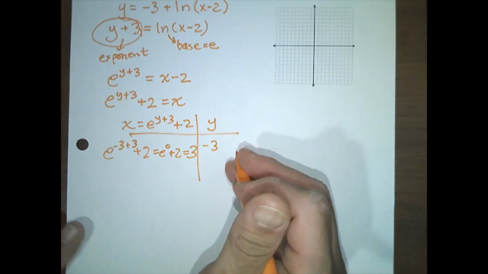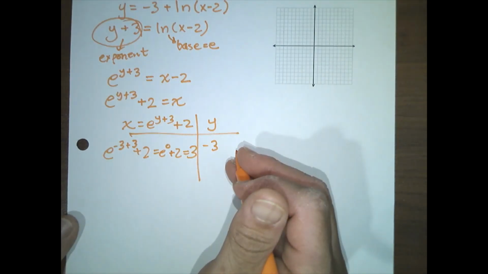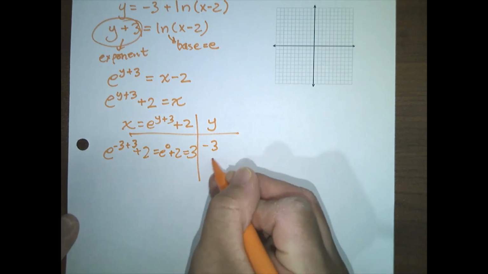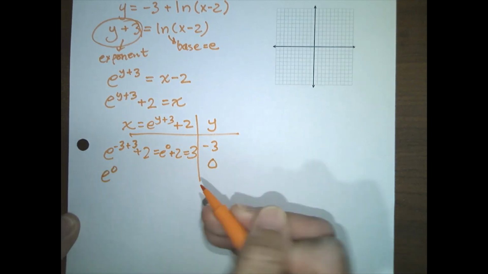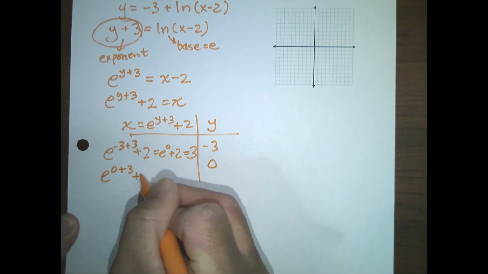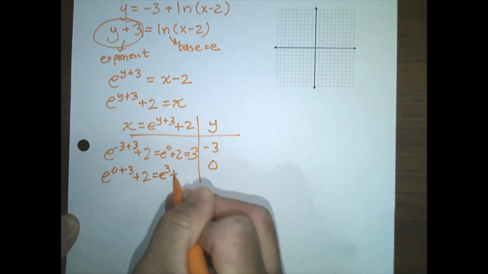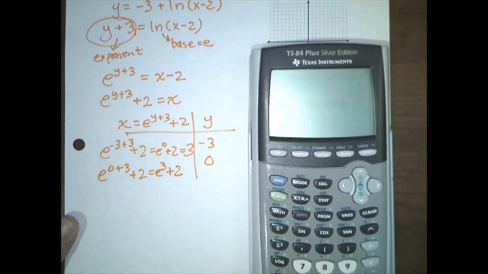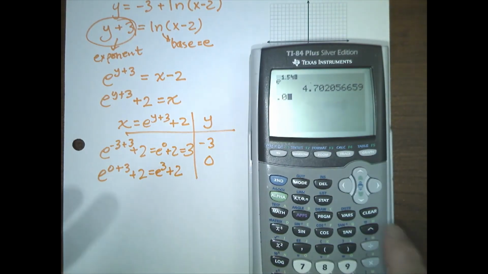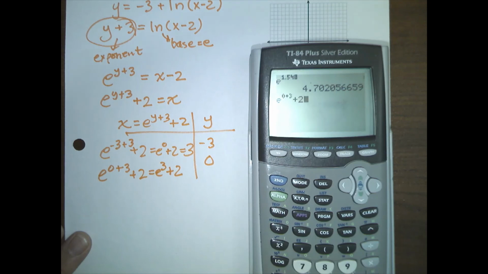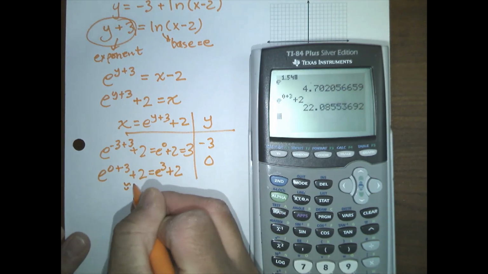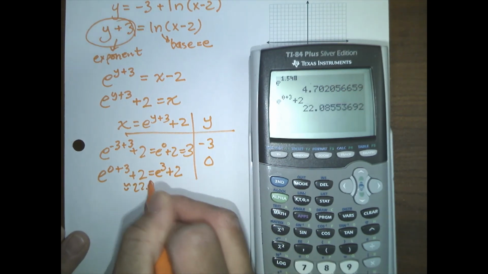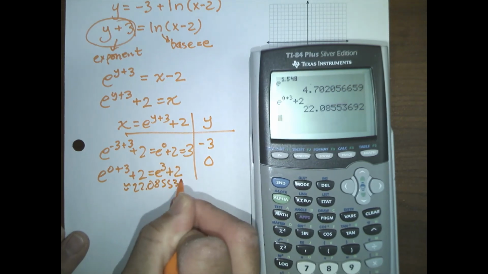But let's say y is equal to 0. Then e to 0 plus 3 plus 2, e to 3 plus 2, and there I'm going to use my calculator. So e to the 3 plus 2 is, wow, that's already 22.08553692.